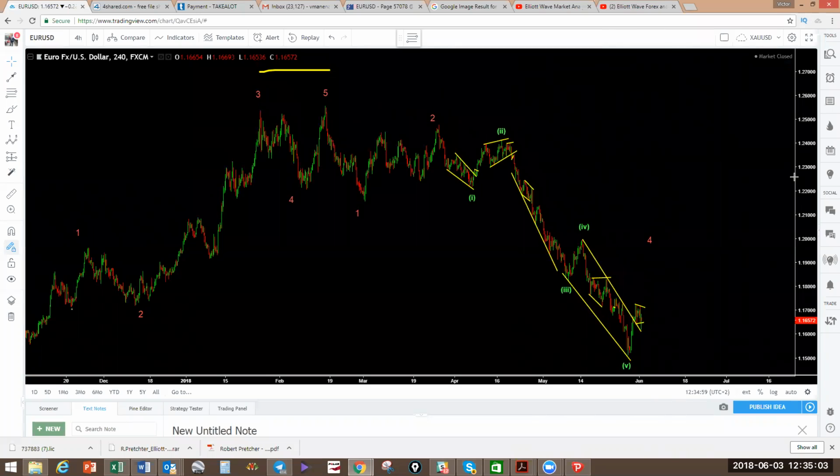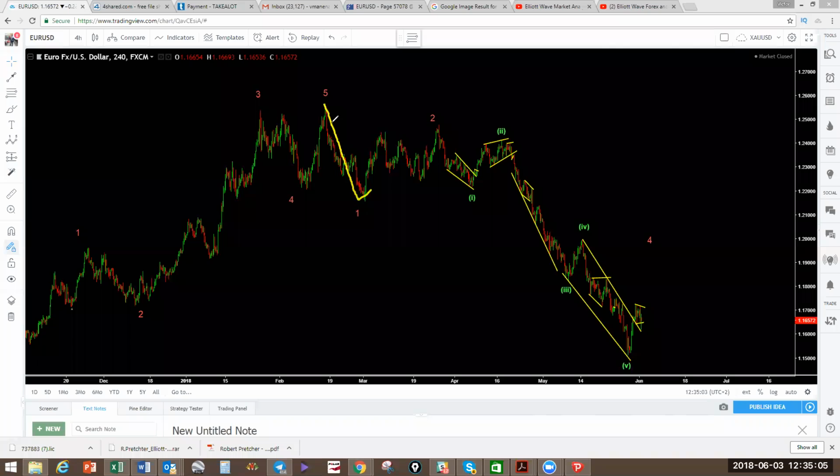And we have been forecasting that we are looking at this as a 1, 2, and we're looking at this lower degree 1, 2, 3, 4, 5. 1, 2, 3, 4. See the 4 that we built, we knew that we were going to get a bounce here. We got it, and then we moved down. And we've been looking for a bounce in the red wave 4. Okay, so that was what we're going to be looking at. We'll be looking for this color here, not that color.